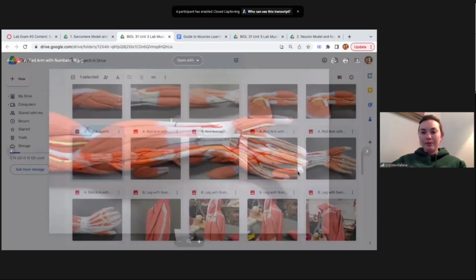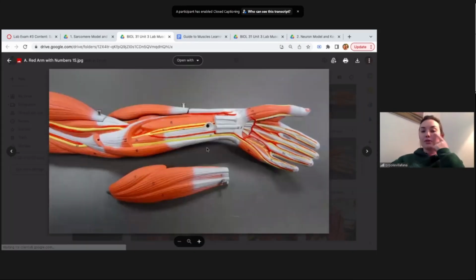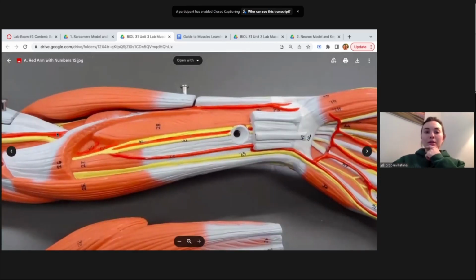All right, so right here, this is still the flexor side, but now we're looking a little bit deeper underneath the surface, and we can see the muscles right underneath the surface a little better. Like I had said, this muscle here is our flexor digitorum superficialis, number 26.